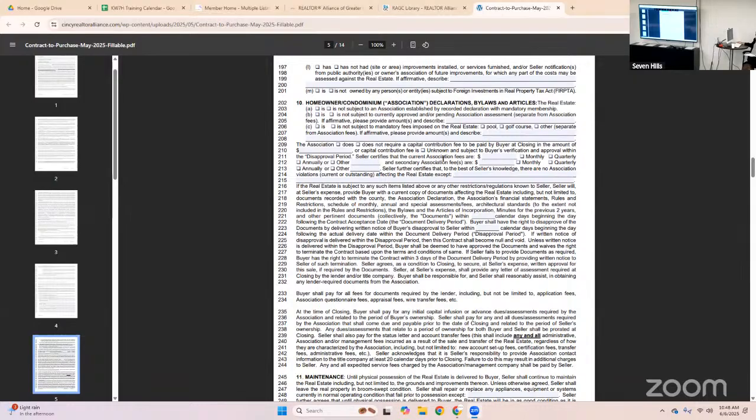Let's see. And then the next is unknown and subject to buyer's verification and approval within the disapproval period, and seller certifies that the current association fees are, and you may have more than one association fee. I'm going to reference Triple Crown because that's in Kentucky, that's mostly where I work, but in some of the sections they have 3 different association fees.